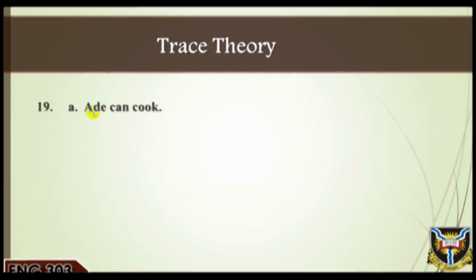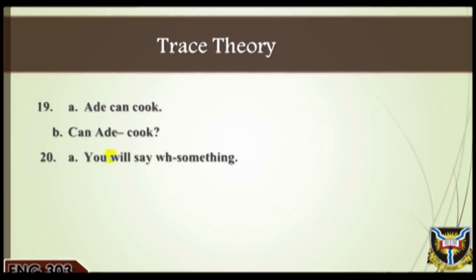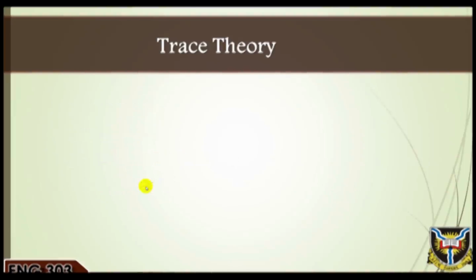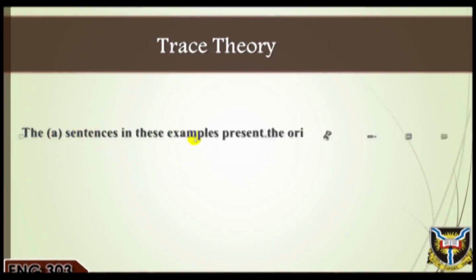19. a. Ade can cook. b. Can Ade cook? 20. a. You will say what. b. What will you say? The a sentences in these examples represent the original ordering of elements in these sentences.